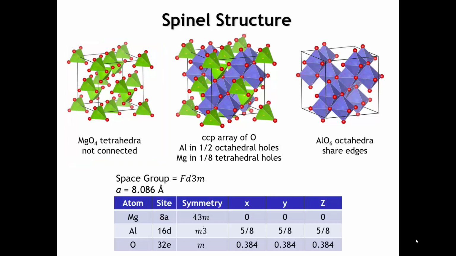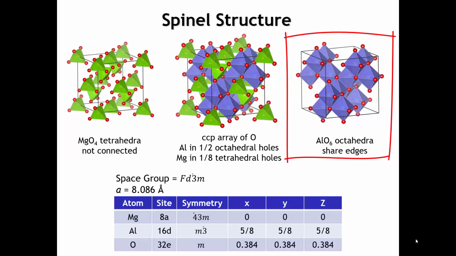If we look on the right at the aluminum oxide framework, there I've removed the magnesium cations. You can see that the aluminum octahedra share edges, and those edges make chains that run in a variety of directions. Maybe the fact that we see edge-sharing octahedra isn't too surprising.